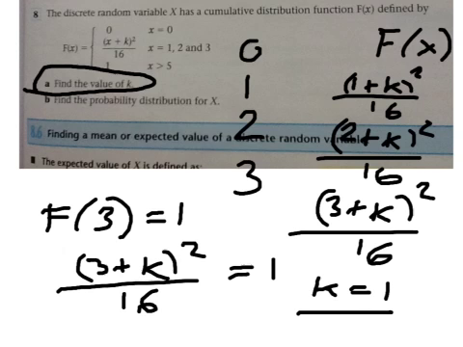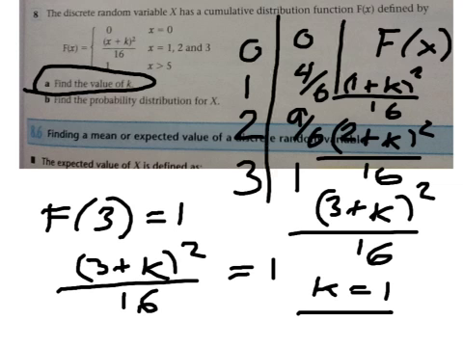So our cumulative probabilities then will be 1 for 3, then we've got 2 plus 1 squared, which will be 9 sixteenths, that's 3 squared is 9, and then it will be 4 sixteenths for 1. Now for 0 it was 0 anyway. So that's our F of x distribution: 0, 4 sixteenths, 9 sixteenths and 1.